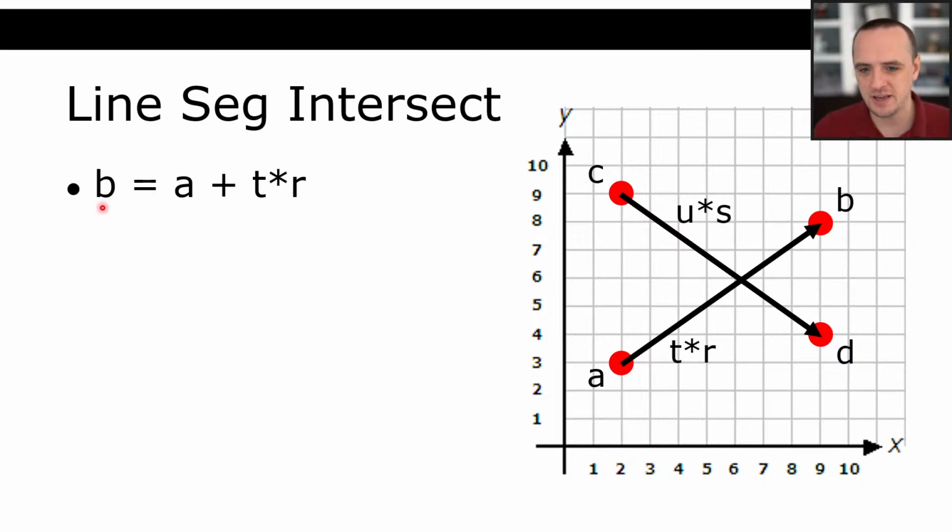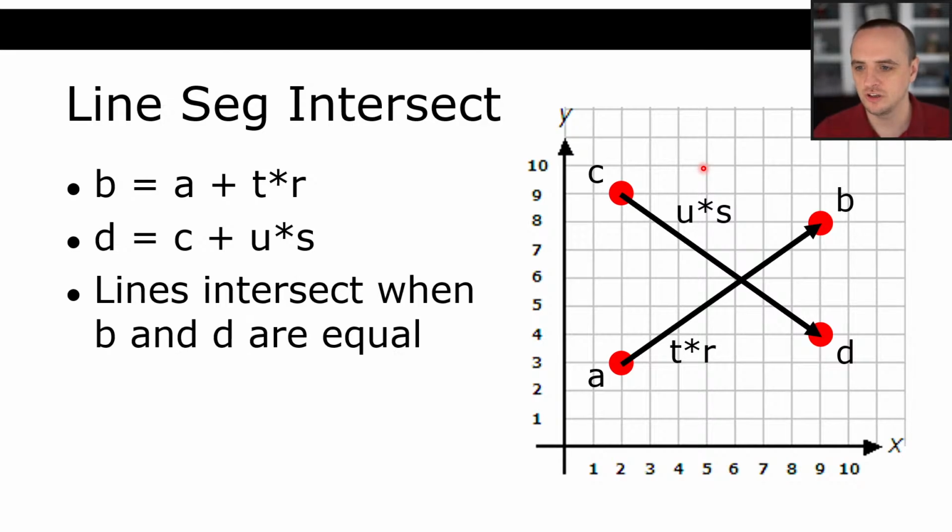So we've got B is equal to A plus T times R, and D is equal to C plus U times S. We've already said that. So the line segments are going to intersect when these values of B and D are equal.